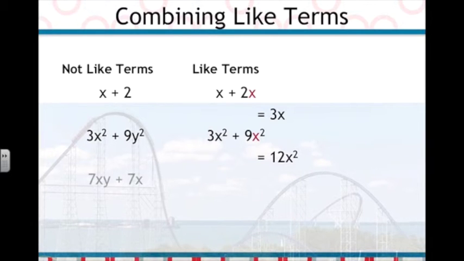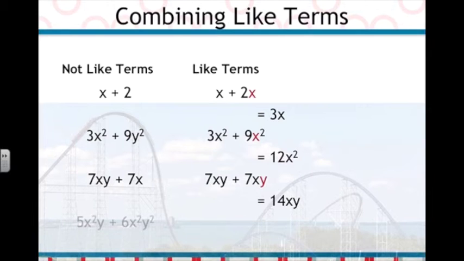In the third example, 7xy plus 7x, one term has both an x and a y, while the other term has only an x, so we can't combine them. In the other pair of terms, however, both terms have xy, so we can combine them. 7xy plus 7xy equals 14xy.